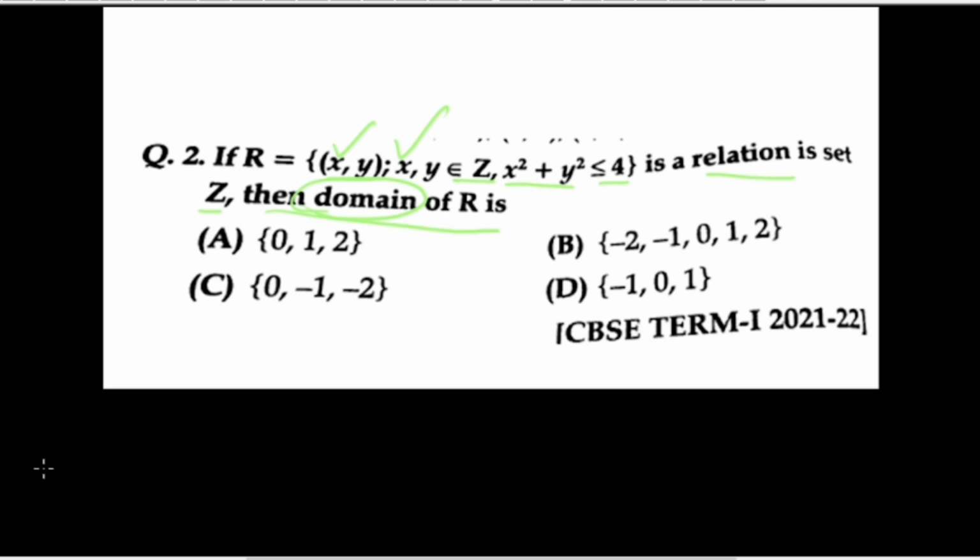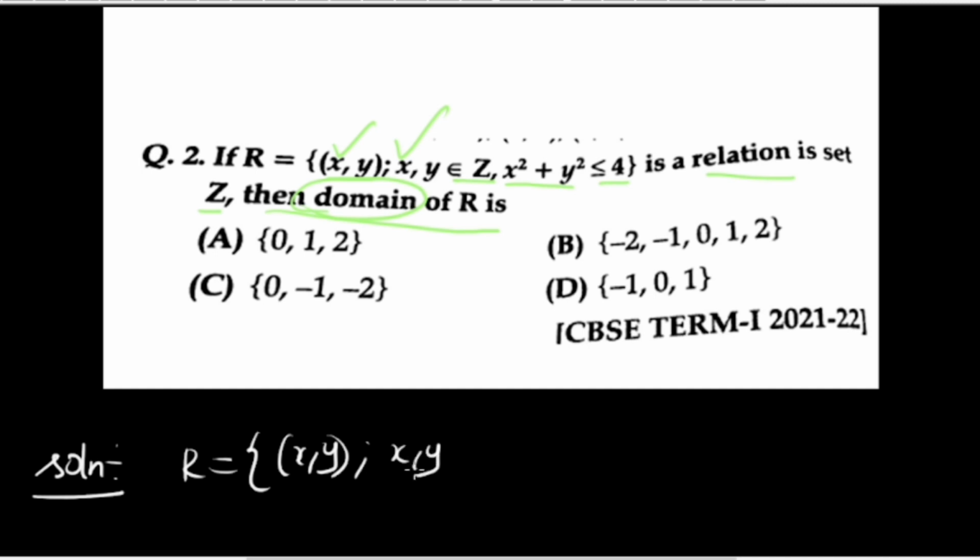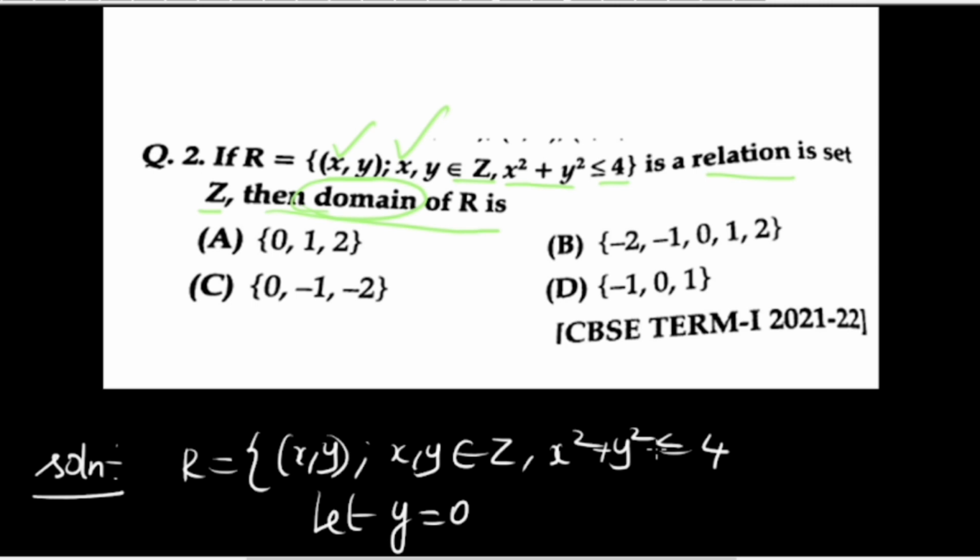So out of these 4 choices, we need to choose the right option. Let's get started. In this question, they have defined the relation as a circle equation. So let us take it down as it is. Here we want the value of x only, so let us assume y to be 0, because we are focusing on the x-axis.